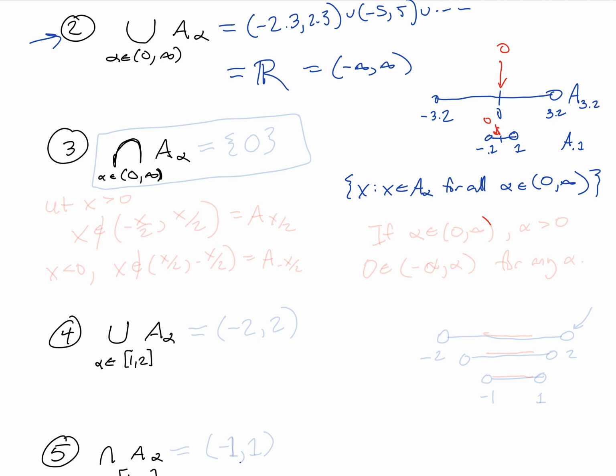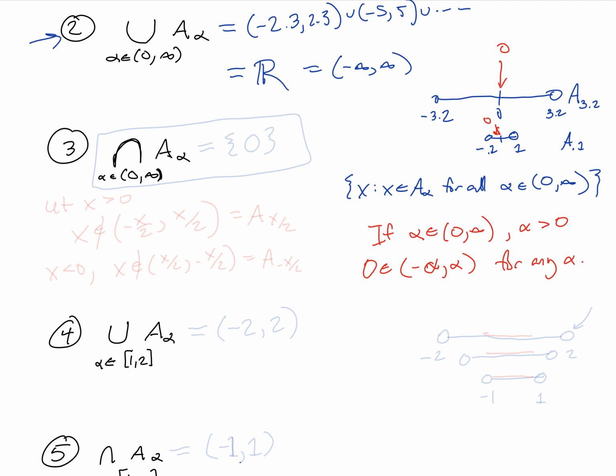If alpha is in the interval from 0 to infinity, that means alpha is greater than 0. So negative alpha to positive alpha contains the point 0, for any alpha.